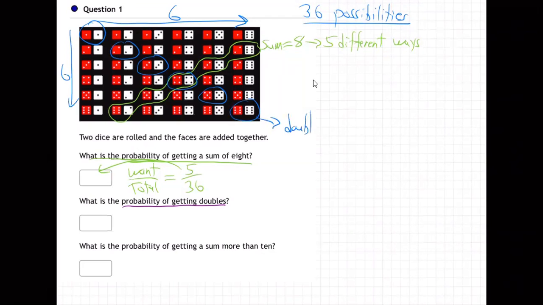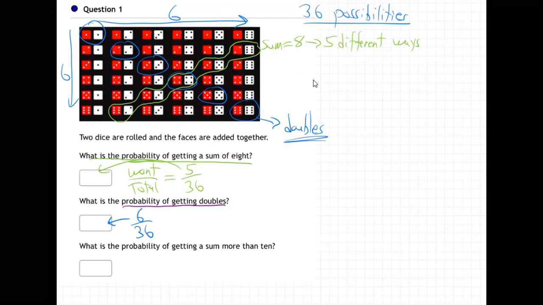There's all the ways of getting doubles. So it is 6 out of 36. Out of the 36 different things that can happen, 6 of them are doubles. So just type that in. You don't even have to reduce the fraction. You can just type it in straight.